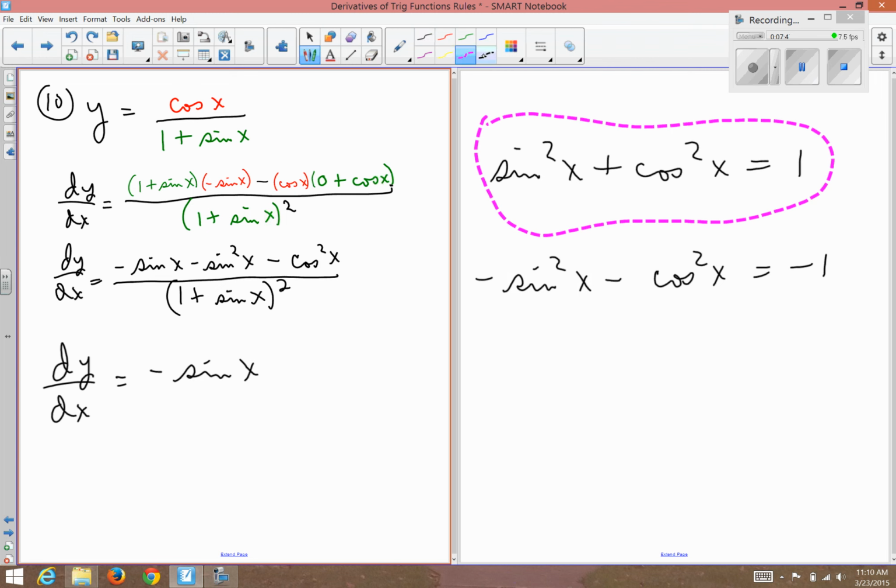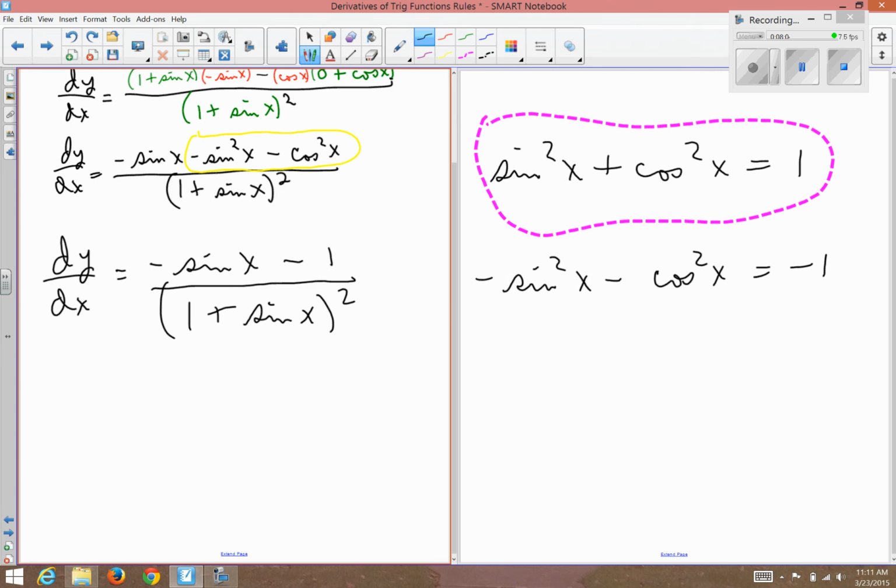All that yellow is negative 1, all over 1 plus sine x squared. Negative sine squared x, negative cos squared x equals negative 1.